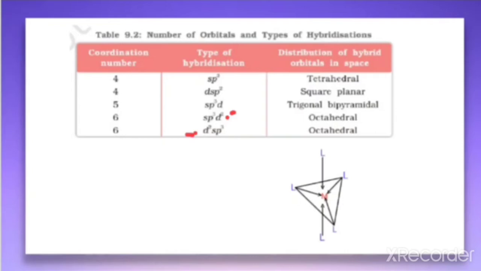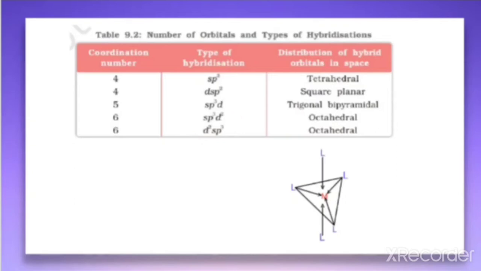So that is the difference here. In sp3d2 the outer d orbitals, that is nd orbitals, are involved. Here the orbitals involved are the inner d orbitals, that is (n-1)d orbitals.